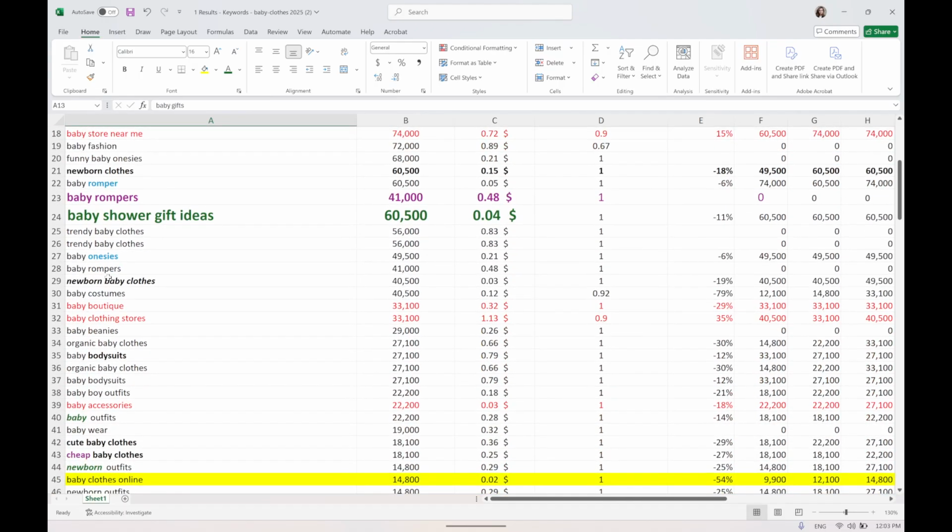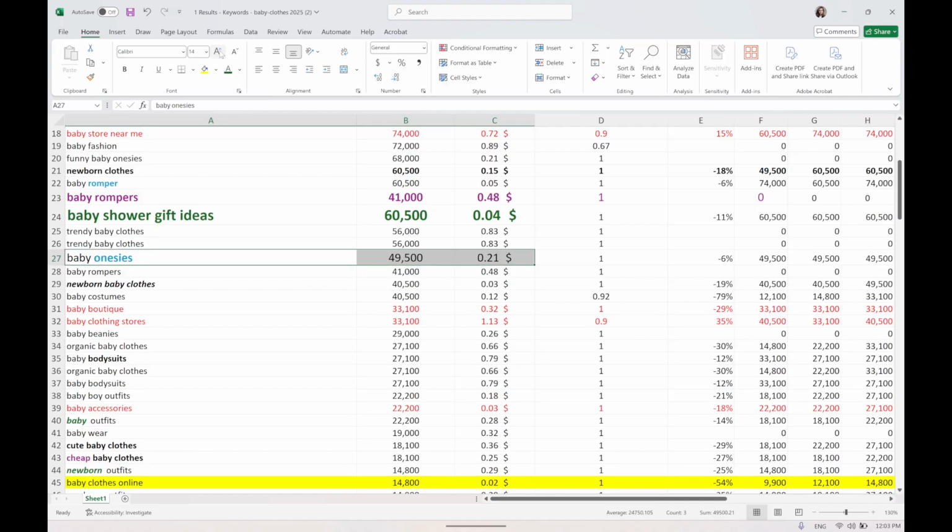Baby onesies is also a very good keyword, and this is due to the fact that our website specializes in rompers and onesies. But as you can see here, baby romper has a relatively high CPC compared to baby onesies. So in this case, it's up to you if you would like to focus on baby onesies as a keyword.